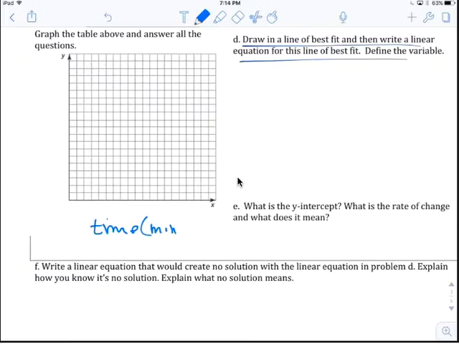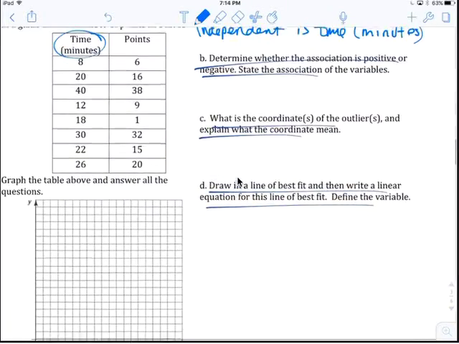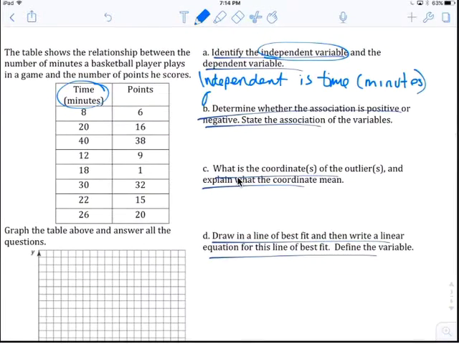Make sure you don't forget this. And then the dependent variable is points. Determine whether the association is positive or negative. State the association of the variables.